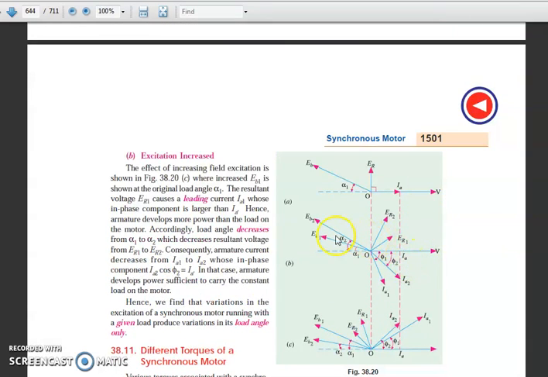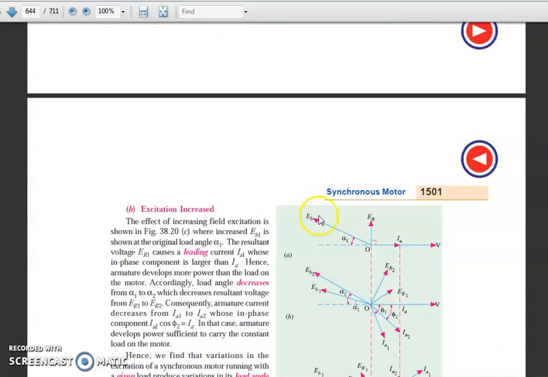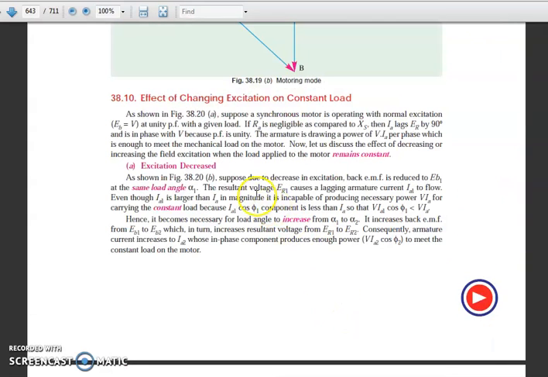Assume my back EMF is EB, and now I decrease the excitation, so the back EMF decreases. Already it was EB, now it will change to EB1 because of the decrease in the back EMF or the decrease in the excitation. Now, by the same angle alpha, the resultant voltage ER1 causes a lagging current IA1 to flow.